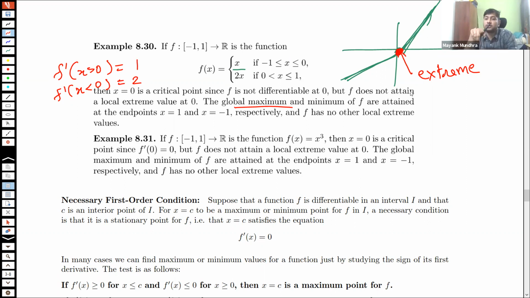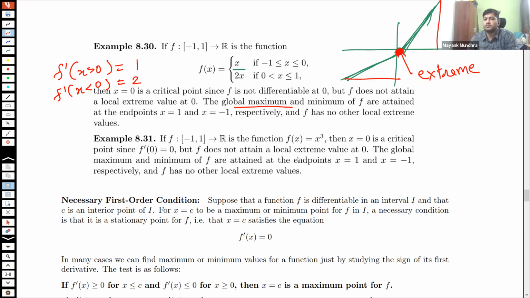So by that logic, I know that this is an extreme point, but that does not mean that it has to be an optima. As you can see from this function, this is the minima and this is the maxima. This point is neither. So just because it's an extreme point does not imply that it's going to be a maxima or minima. Okay, so we are going to first collect all the extreme points, and then we'll see which of these are going to be maximas or minimas.